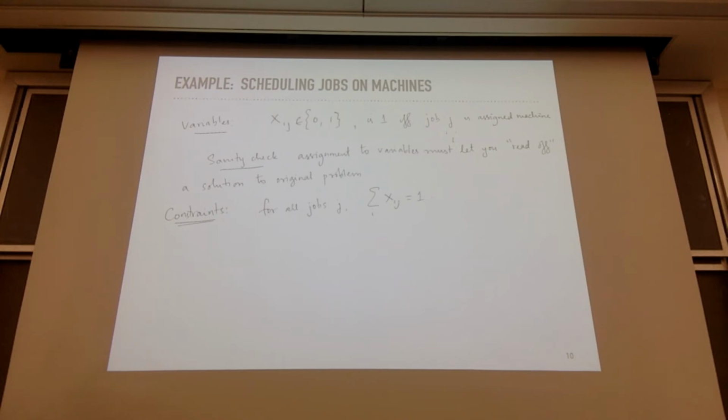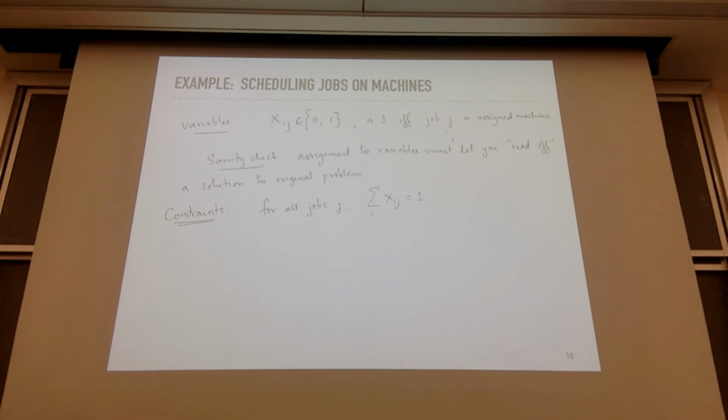For all machines i, the sum should be less than t. Well, we need to include the length of the jobs, the product of length.